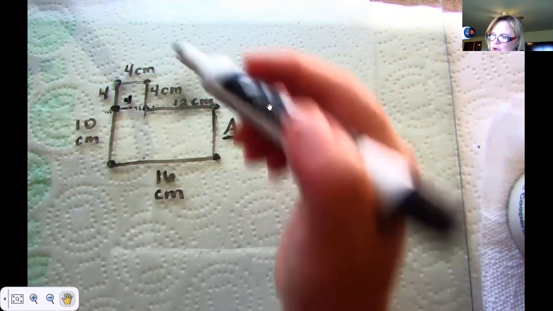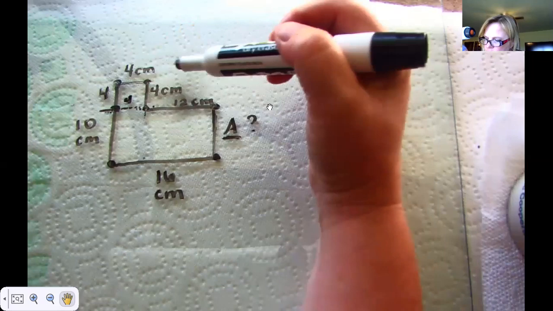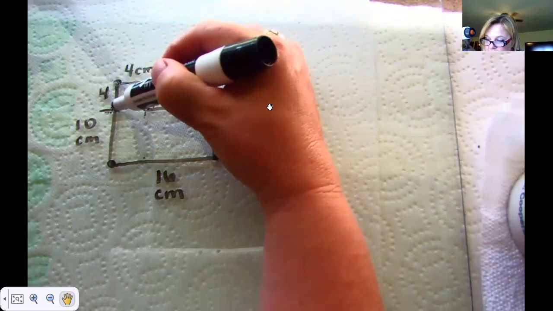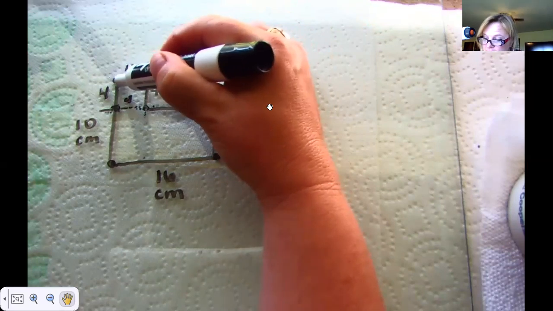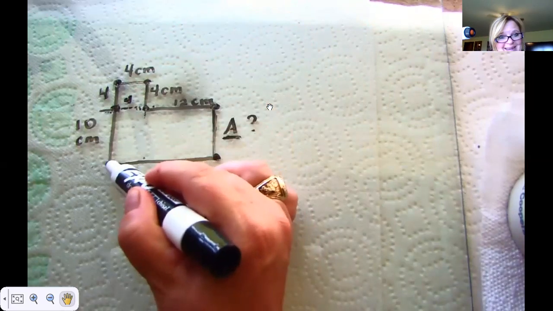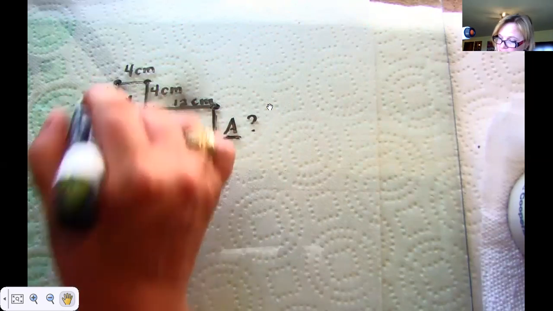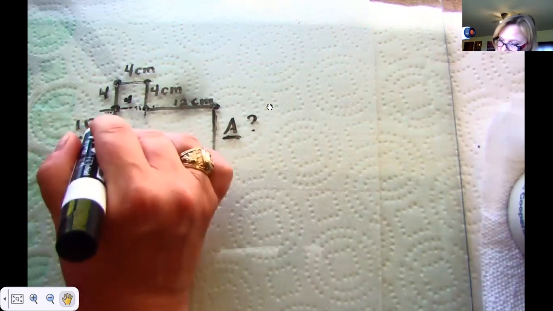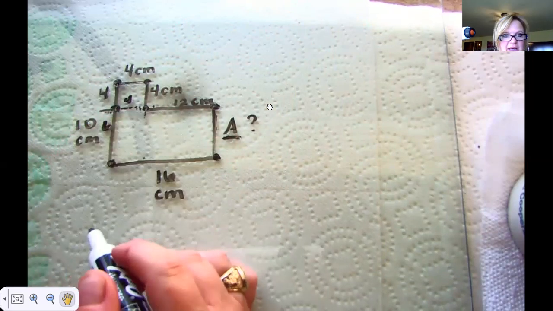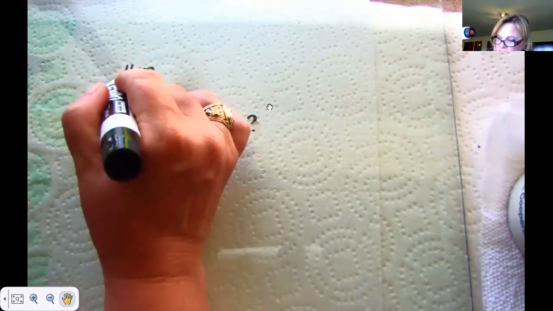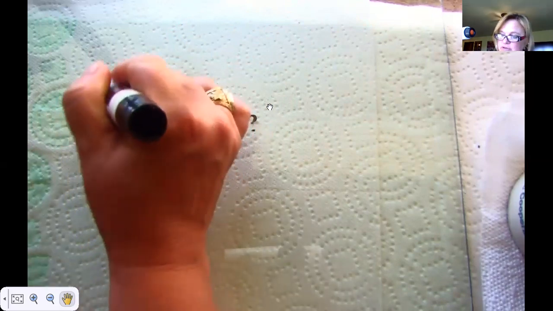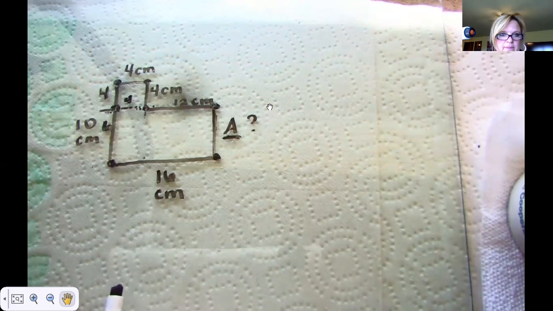Okay, so if I know that from here to here is 4, but from here to here is 10, that means that this part from here to here has to be 6, because 6 plus 4 is 10.